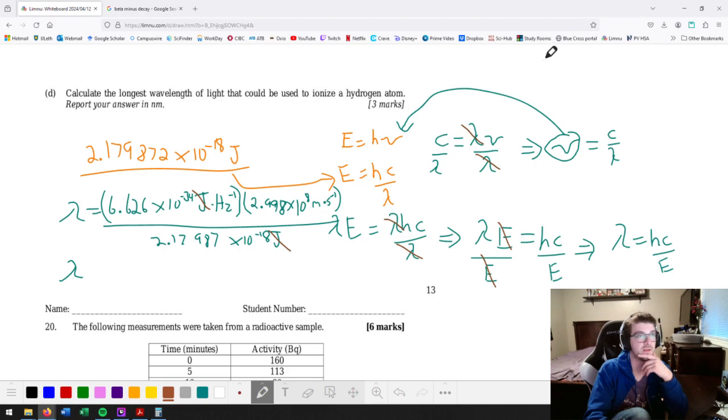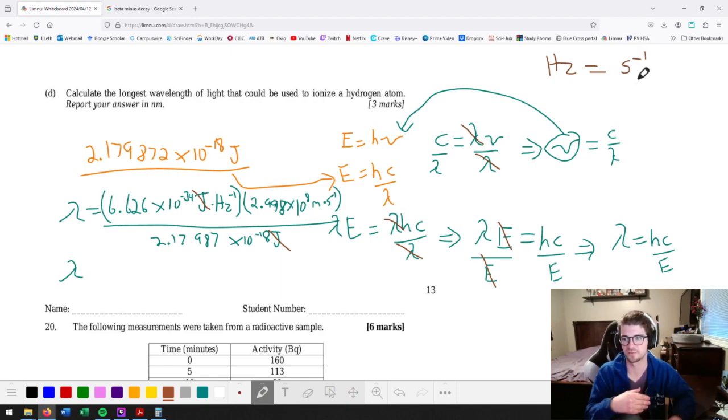And hertz are in units of seconds to the minus 1. So hertz are in units of per second.